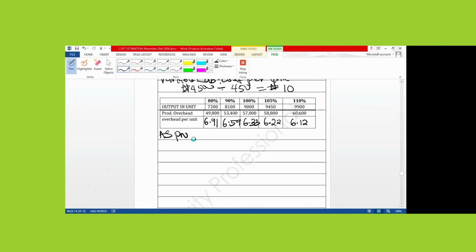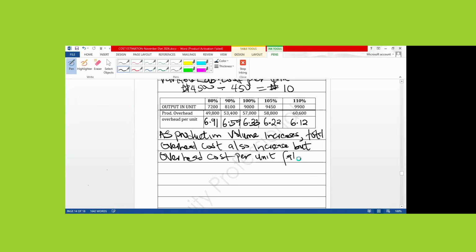As production volume increases, total overhead cost also increases, but overhead costs per unit falls.